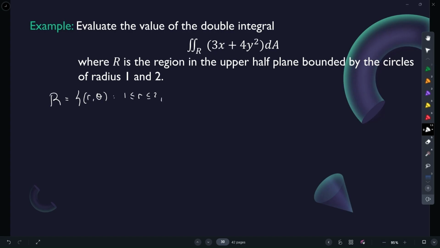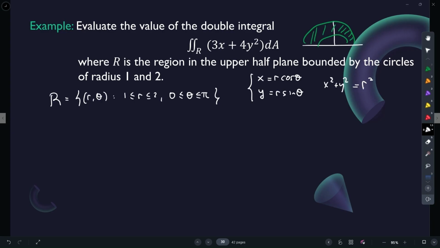And theta, because it's in the upper half plane, has to be between 0 and pi, because this was the region that we had before, which looked more or less like that.